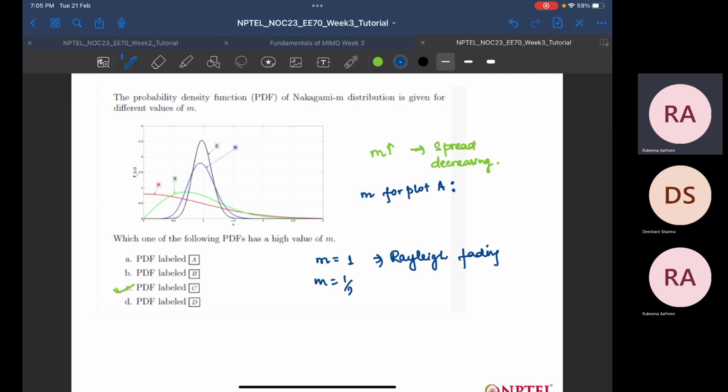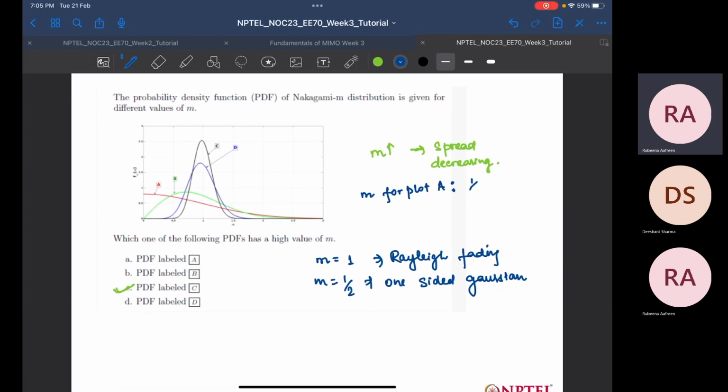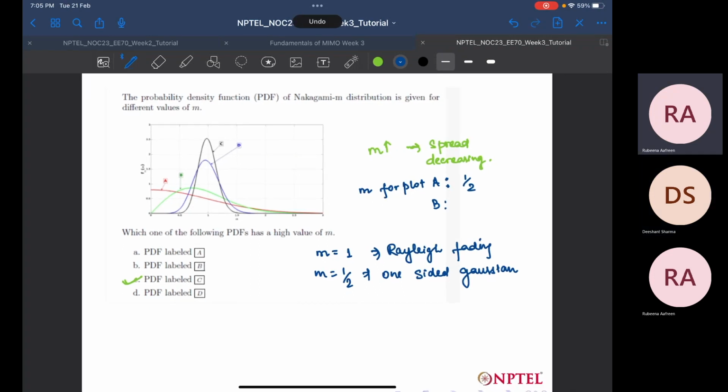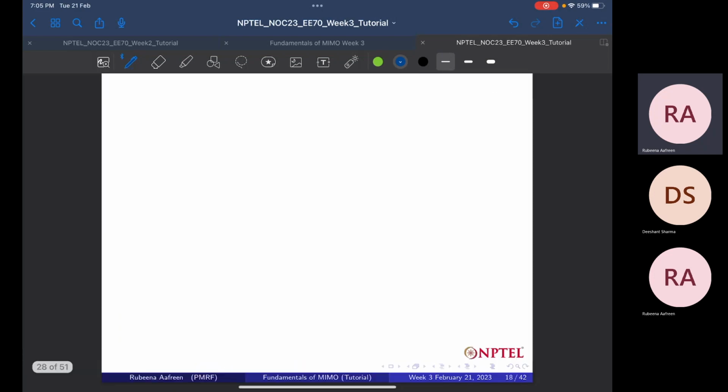If M is half, it gives one-sided Gaussian. Then for A it's 1/2, like half. Correct. For B it's 1. Rayleigh fading. Very nice. Okay, so that is my cue that this concept is clear now.